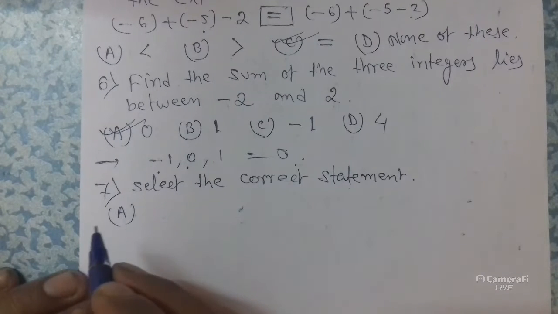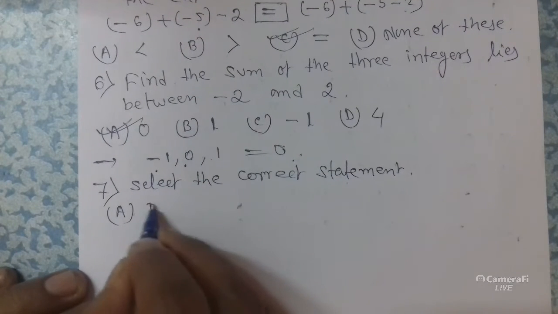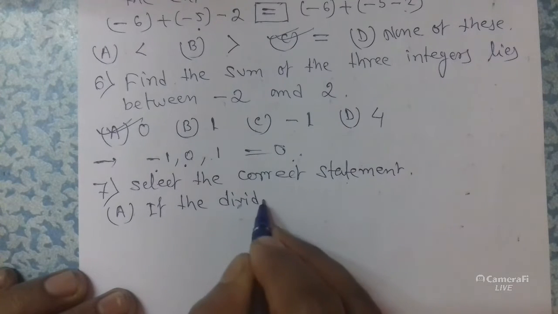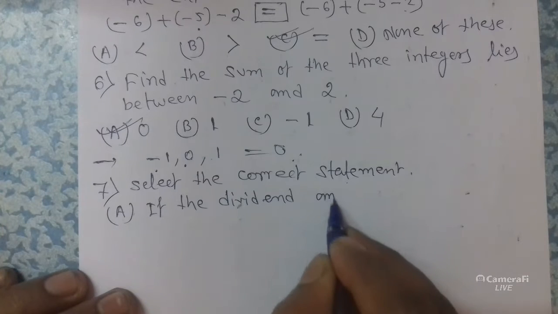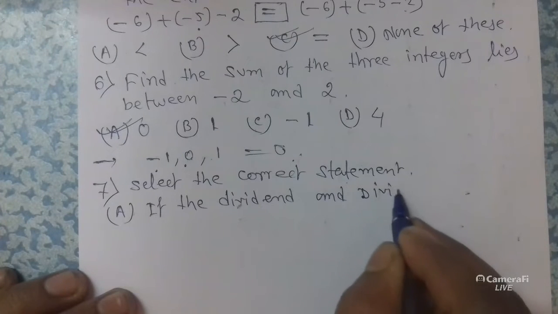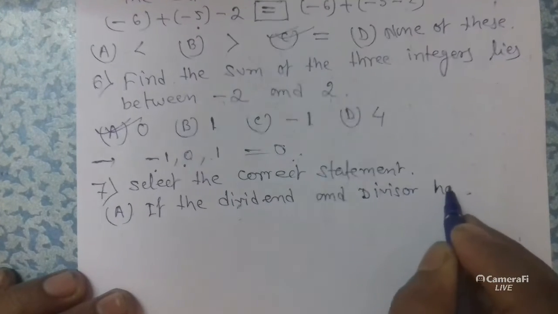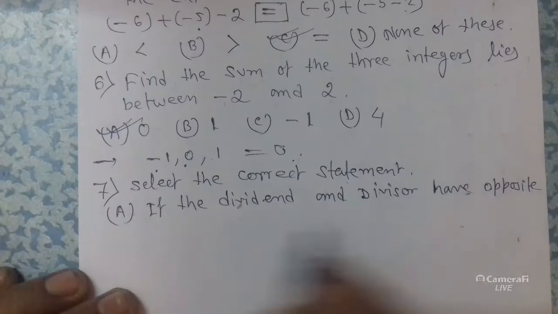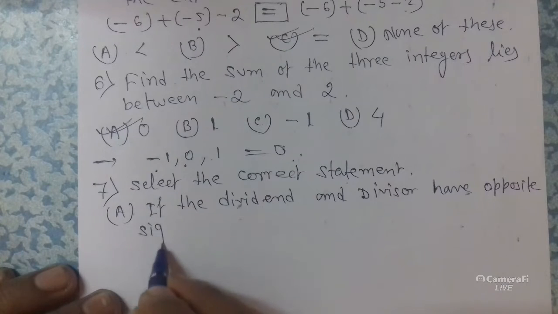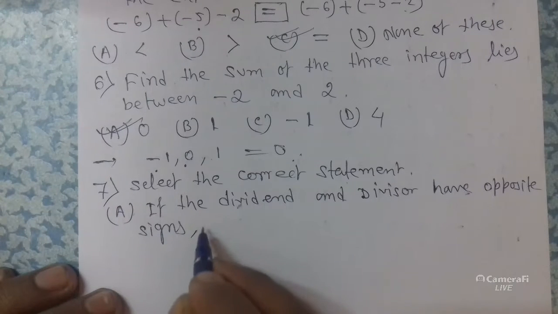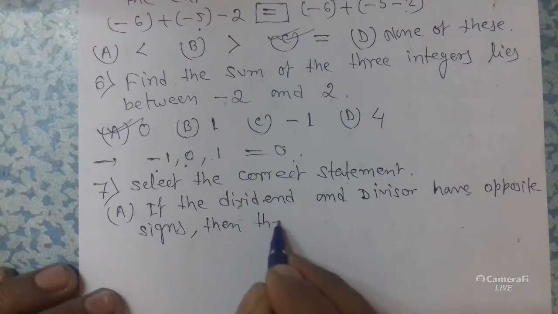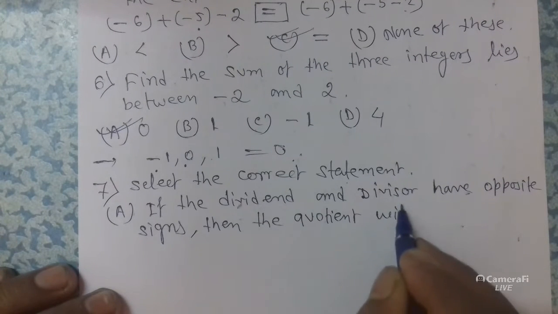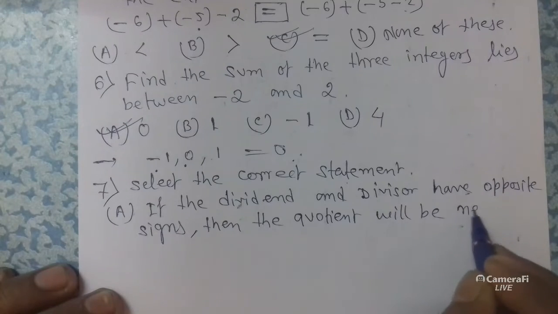So the statements are: if the dividend and divisor have opposite signs, then the quotient will be negative.